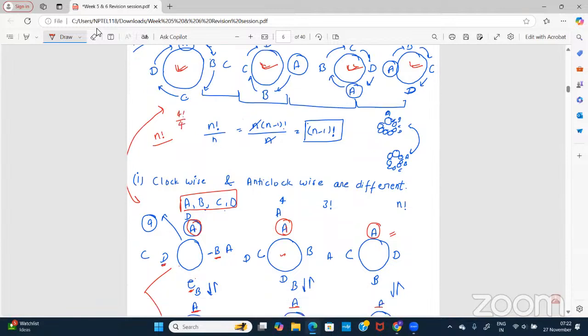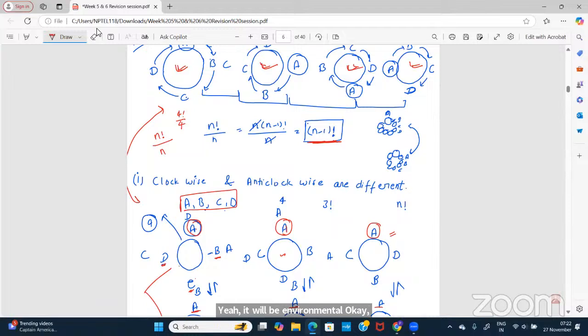If you have n objects, then it will give you the same n arrangements that we have rotated. Just try to understand what I'm saying. So that will be n factorial by n, so it is n minus 1 factorial. When it is same, then it will be n minus 1 factorial.